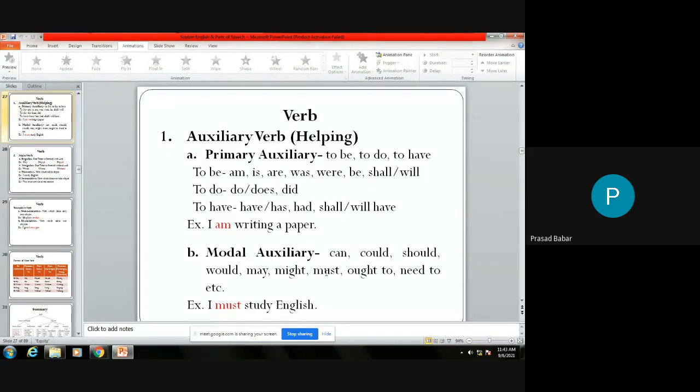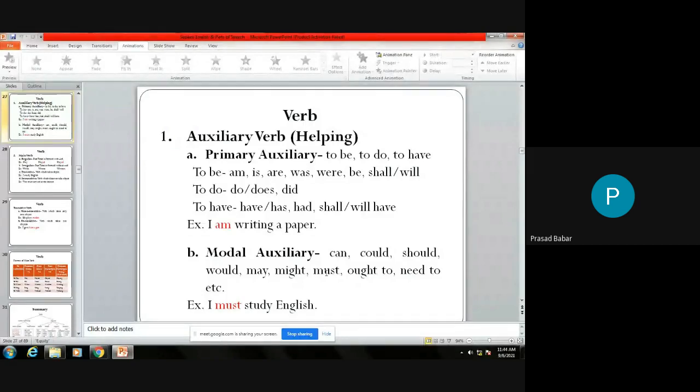So which are the verbs which come under the to be form? To be form मध्ये कुठले कुठले येतात? Am, is, are, was, were, shall, will. These are the examples of to be form. Auxiliary verbs of to do form are do, does, and did.